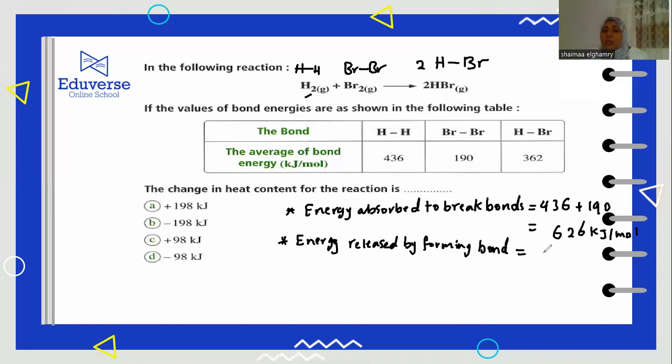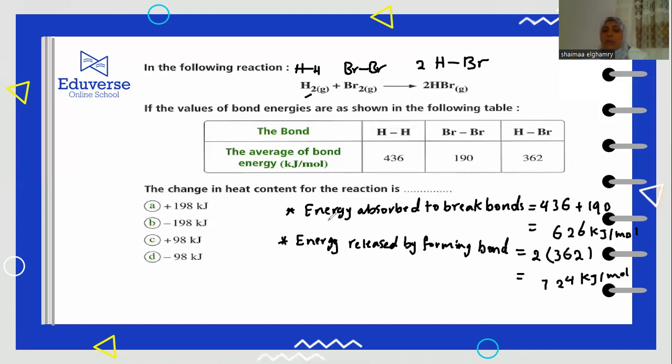We have 2 molecules of HBr. The bond between them has energy of 362. So it will be 724 kilojoule per mole.